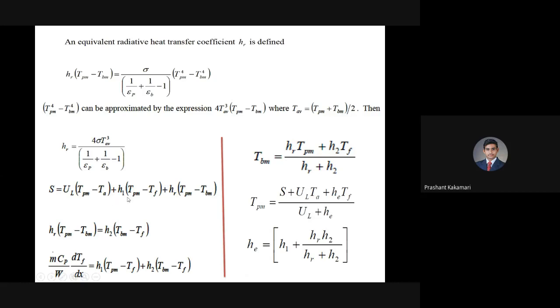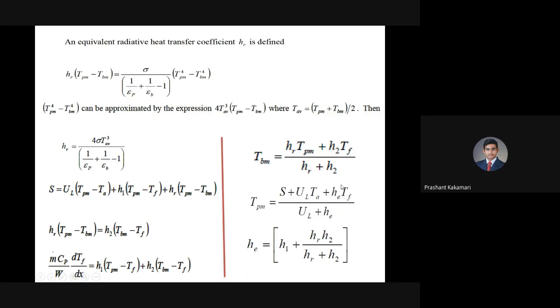Or TPM we can find out here. TPM equal to, after simplification, you can just remember here, it can be simplified and written as S plus UL into TA, because UL into TA is minus on the right side. If I take it to the left side, it will be positive. With respect to S, UL into minus TA will become plus UL into TA. Plus HE into TF. Here is again one new term, HE into TF.